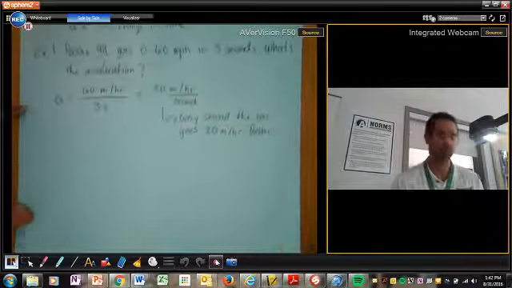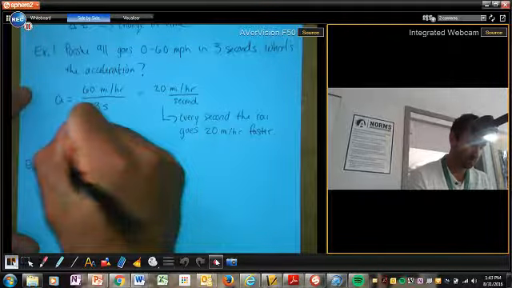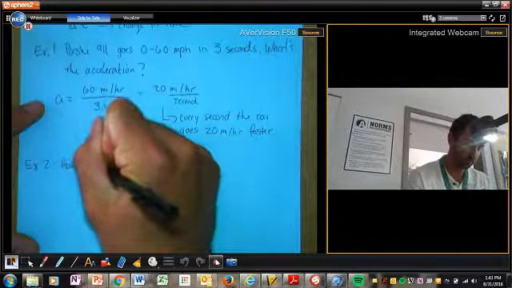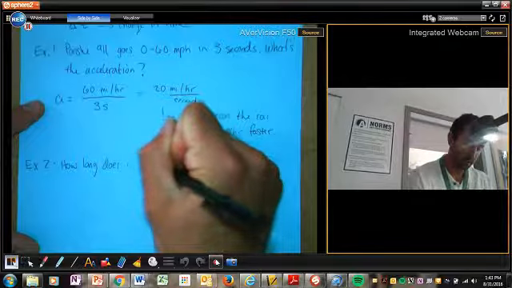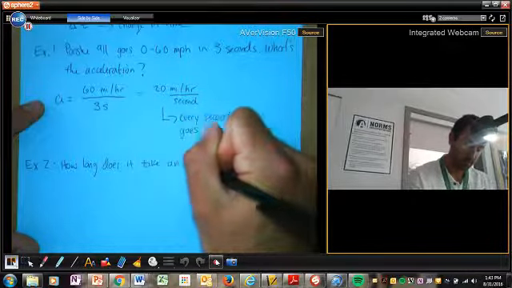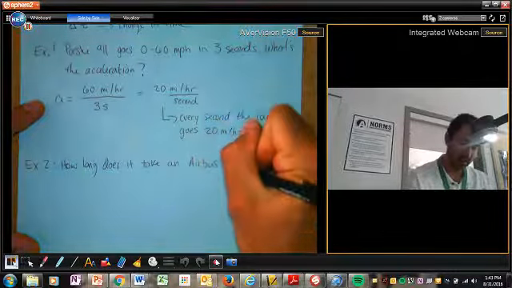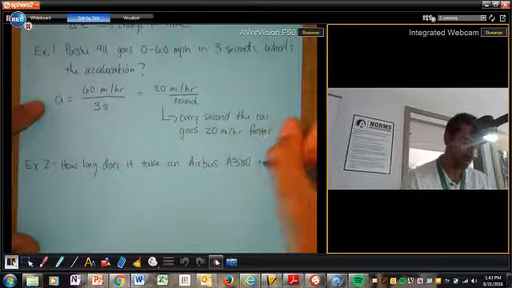So example 2. I want to know how long it takes an Airbus A380, which is an aeroplane, to take off. These are actual data.